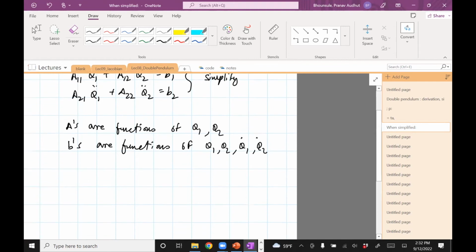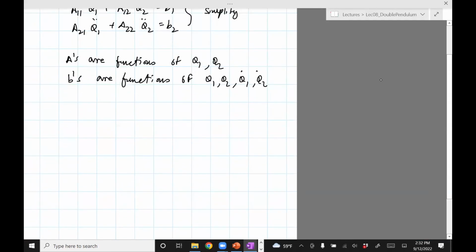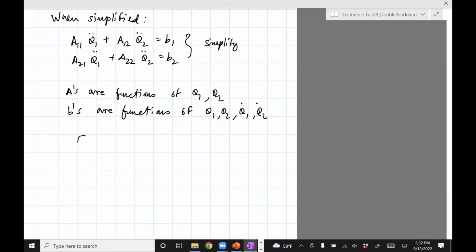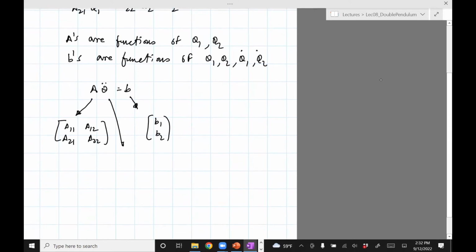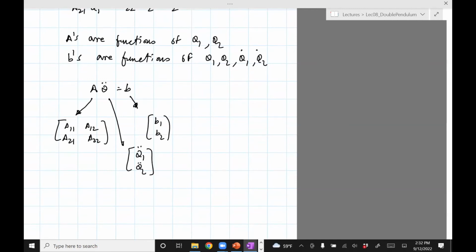Okay, so once we have this form, what we need to do is write this equation as A theta double dot equals B, where clearly A is a 2 by 2 matrix, and B is a 2 by 1 vector, and theta double dot is theta 1 double dot, theta 2 double dot.